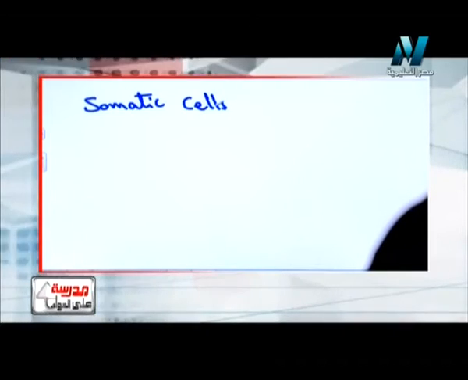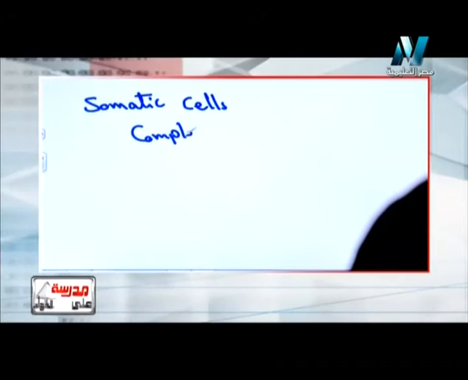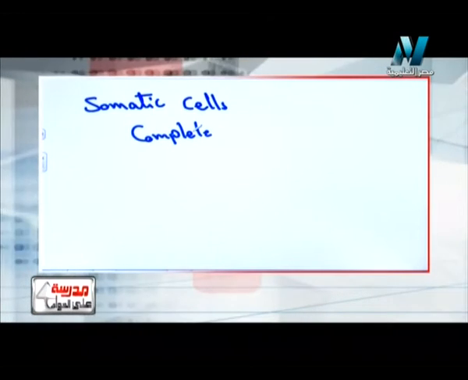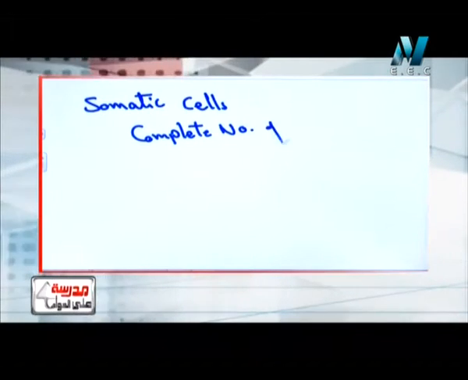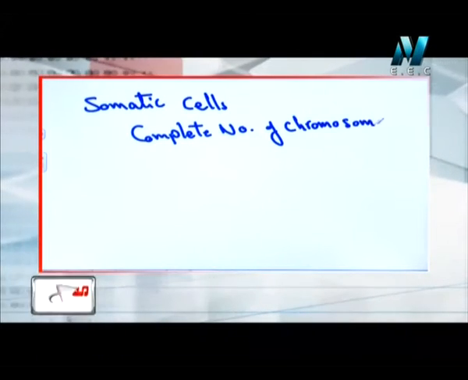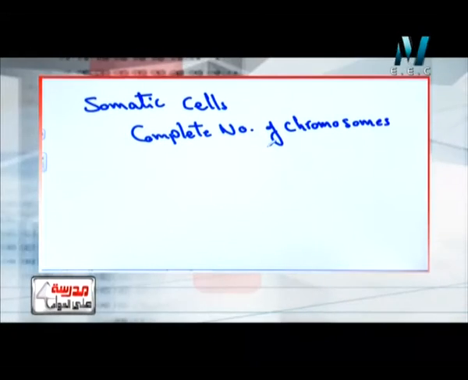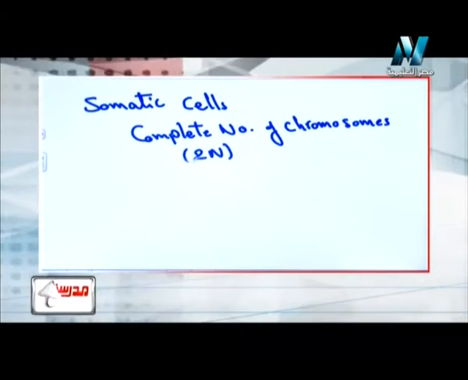On the monitor here, if we talk about the somatic and the reproductive cells, the somatic cells have a complete number of chromosomes. What is meant by a complete number of chromosomes? It is 2n.